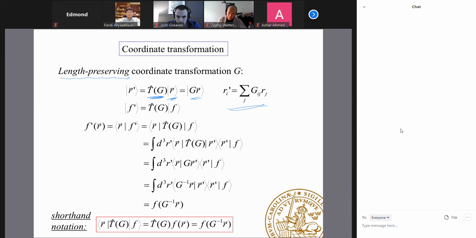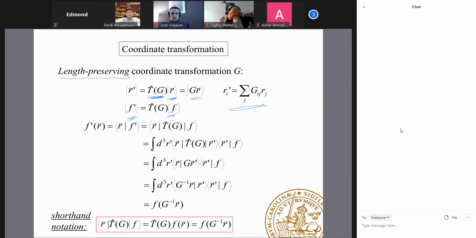If I have a general state, call it F here, then we want to know what F prime is. That's the function, or the state, that we get when we apply the symmetry operator on the state F. We want to know this in the position representation.